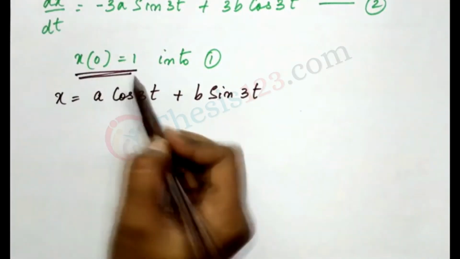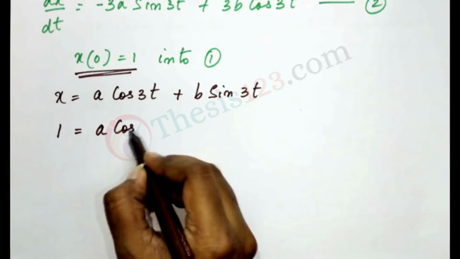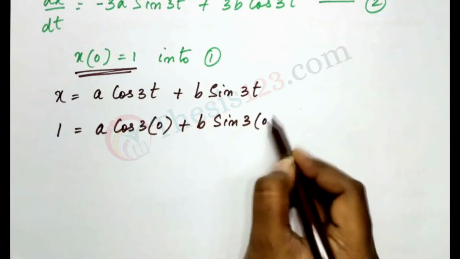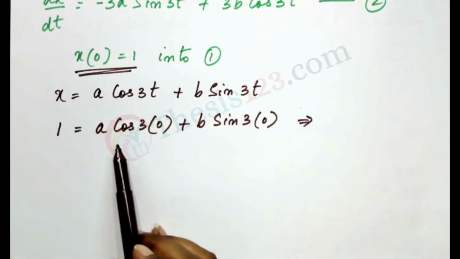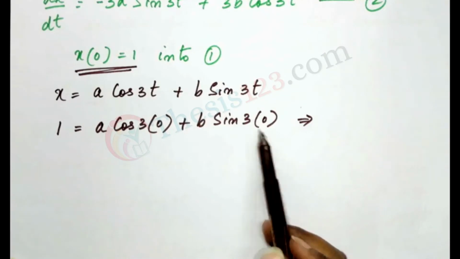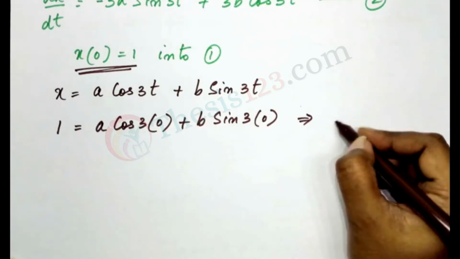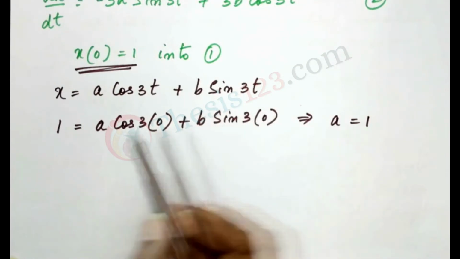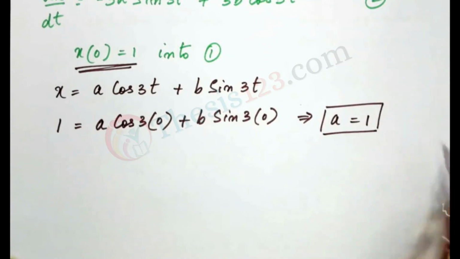Substituting, we have 1 is equal to a cos 3 of 0 plus b sin 3 of 0. Here we arrive at the value of a, because sine of 0 becomes 0, so cos is left out. Cos of 0 is 1, which gives us a equal to 1. The sine term becomes 0, and we are left with only the value of a.